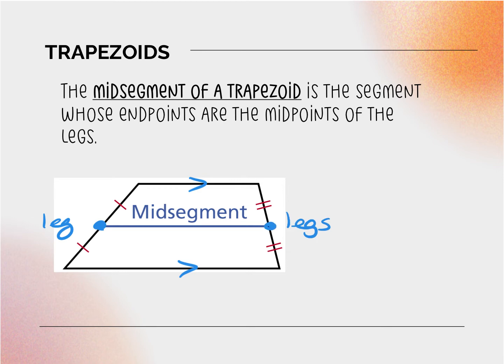We can tell it's a midpoint because of the congruency marks. We know that a midpoint splits a segment into two congruent pieces. This is the definition of a midsegment, and it tells you how it's formed. The next slide will have the theorem, and it's going to tell us how to calculate the measure of the midsegment.